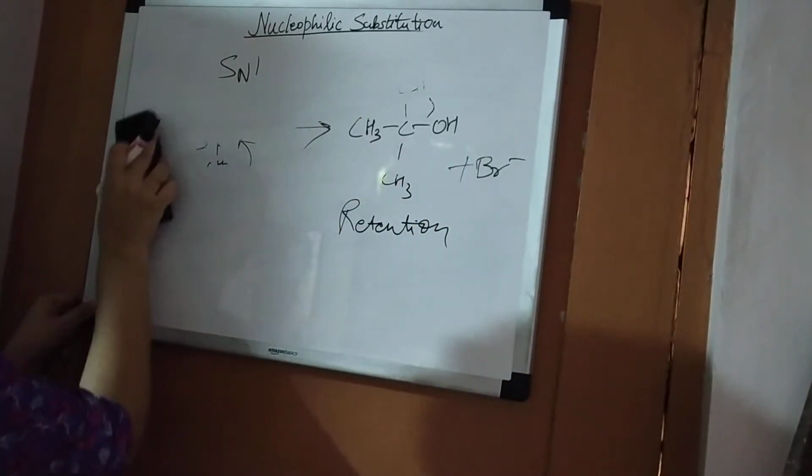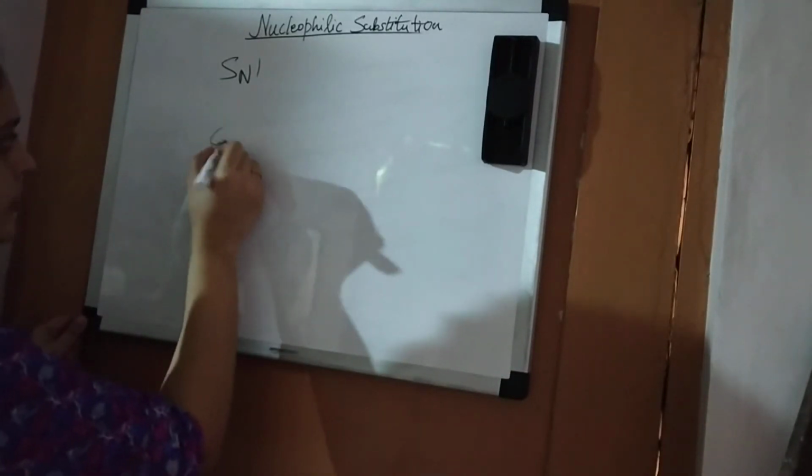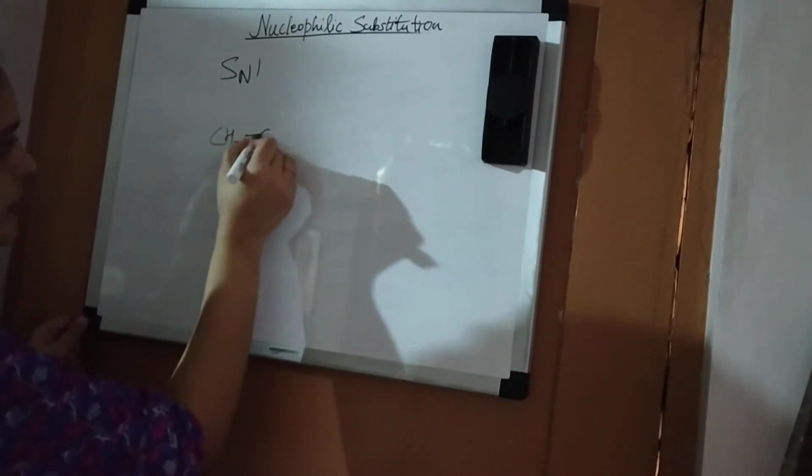Also, I'll make you understand this with the help of the mechanism. SN2 was a one-step reaction, but in the SN1 reaction there are two steps. The first is the formation of a carbocation. This was our tertiary alkyl halide.